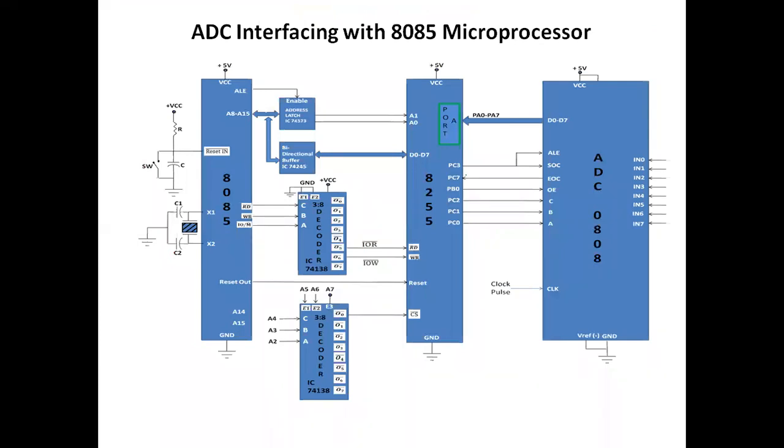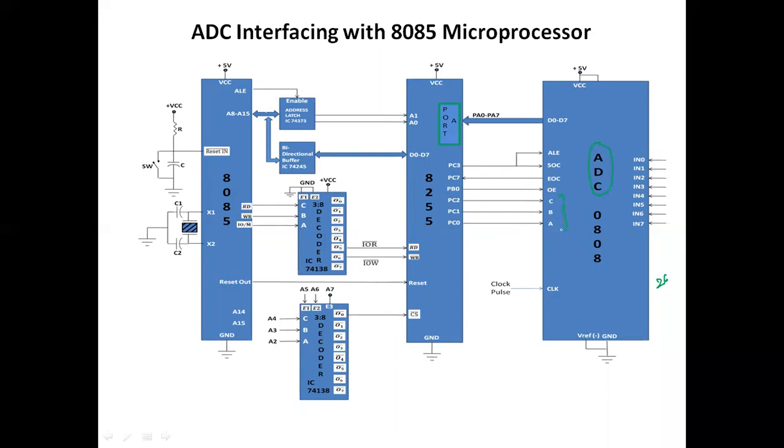This is similar to the DAC, but here instead of a DAC we make use of an ADC converter. This ADC has 28 pins, 14 on the left side and 14 on the right side.